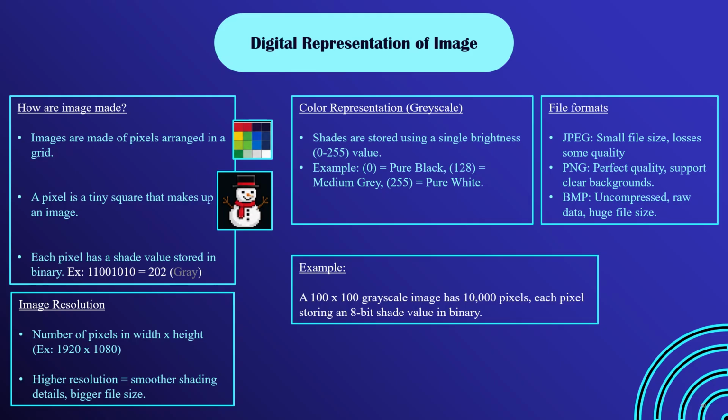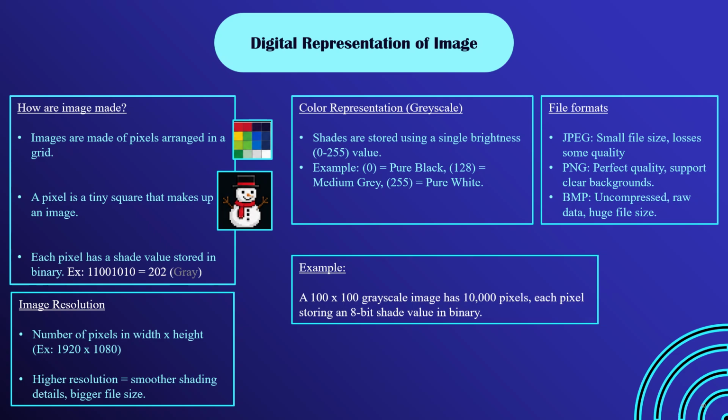Let's also look briefly at grayscale color representation, where shades are stored using a single brightness value ranging from 0 to 255. A value of 0 represents pure black, 128 represents medium gray, and 255 represents pure white.